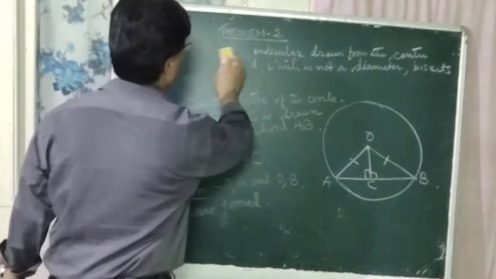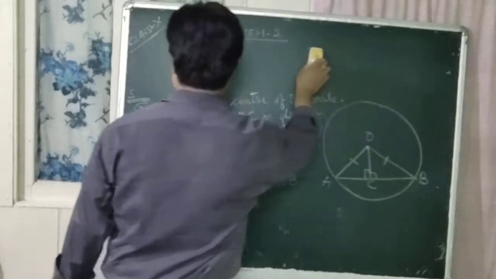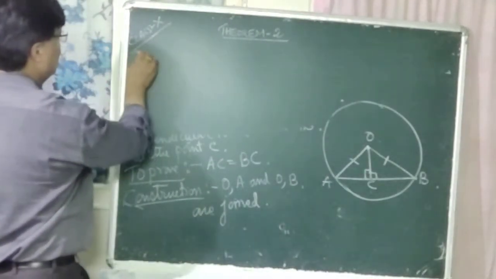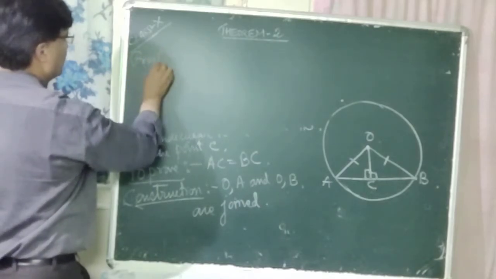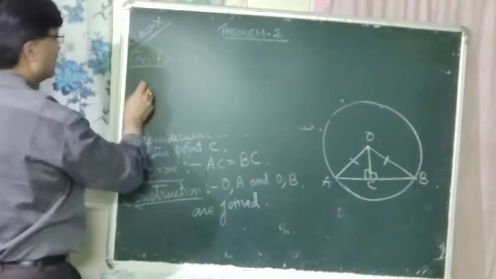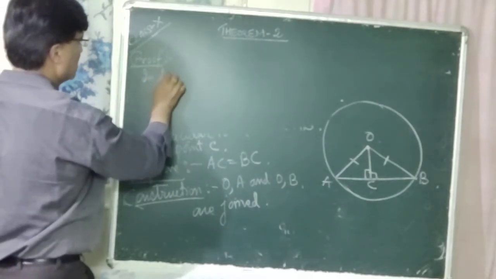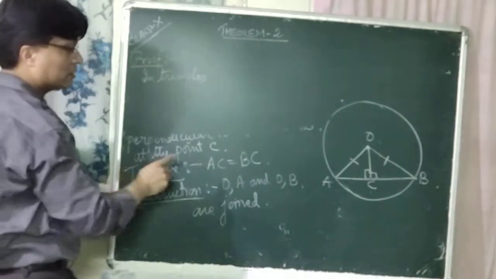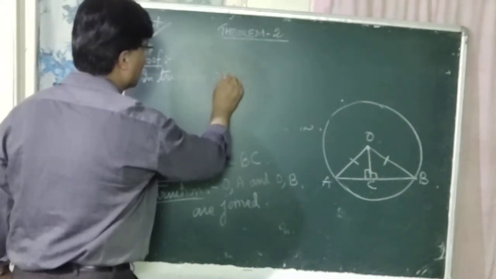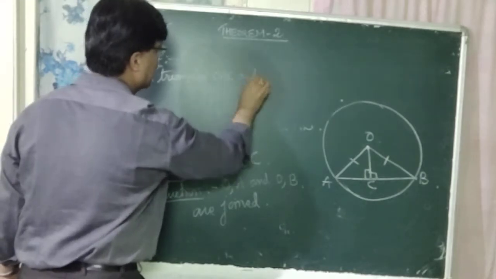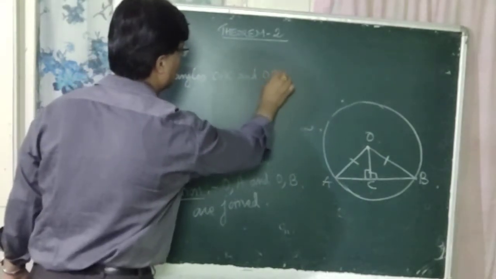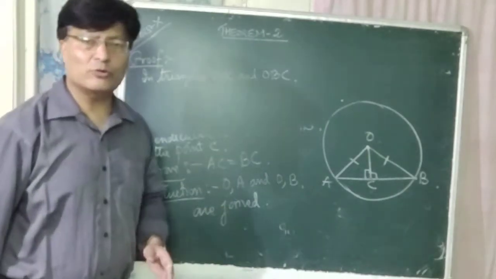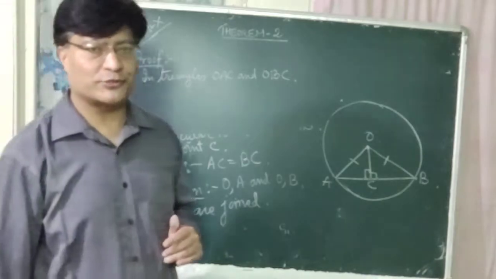So you have to write down the proof. So let us write here proof. Now write down in triangles OAC and OBC. So in order to prove that these two triangles are congruent, you have to give three reasons.